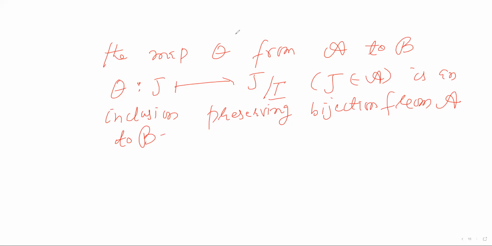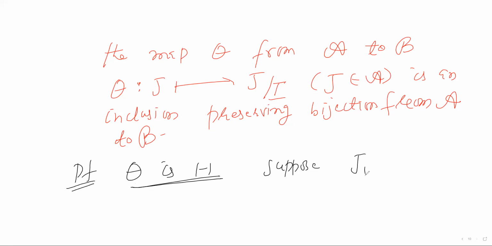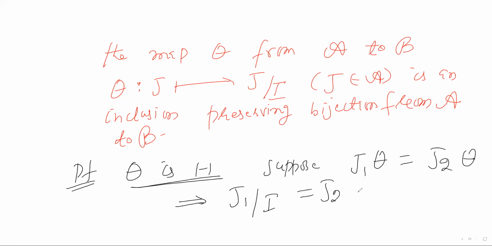Its proof is straightforward. Suppose we want to show that theta is 1-1. Bijection means 1-1 and onto. So suppose J1 theta is the same as J2 theta. This means J1 over I is the same as J2 over I. Let x belong to J1.